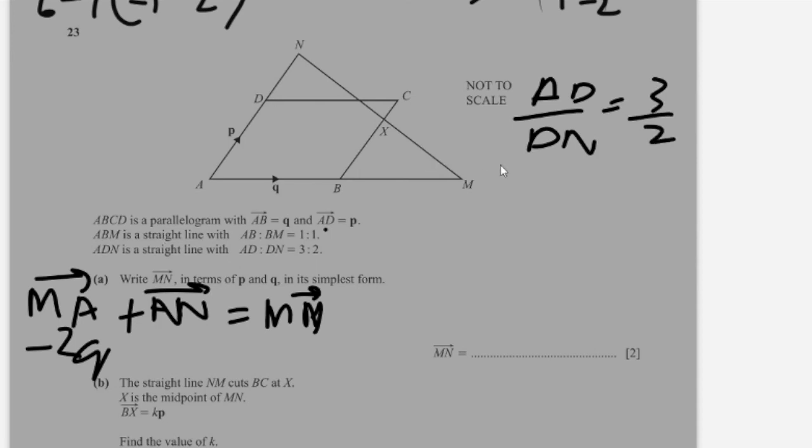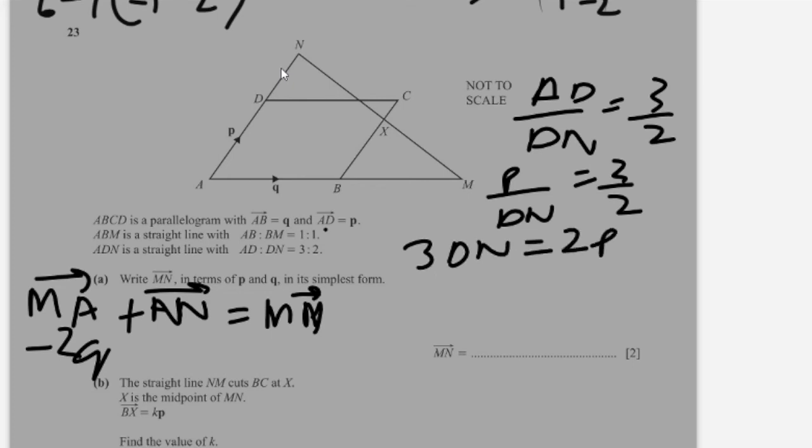This is the ratio, and I'm going to calculate DN over here. So AD is P, over DN is equal to 3/2. So 3DN is equal to 2P, and so DN is equal to 2P over 3.